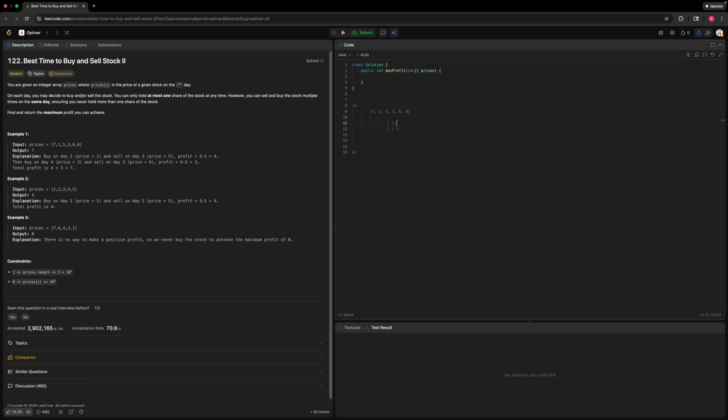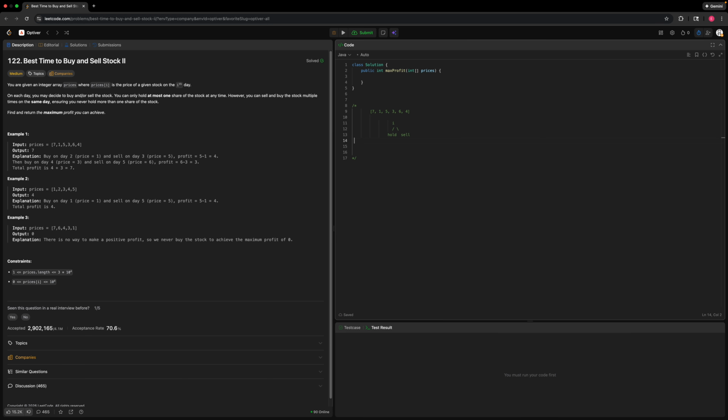For the last one, the current profit has two options: it has hold or sell.